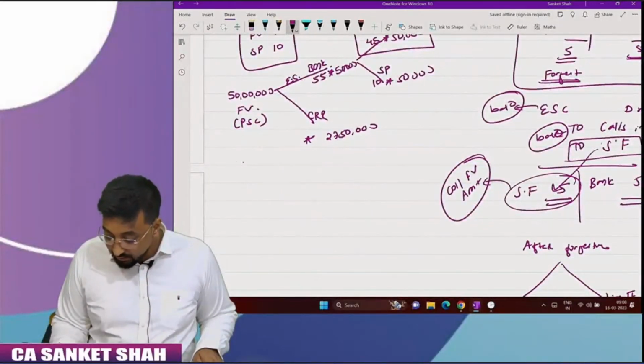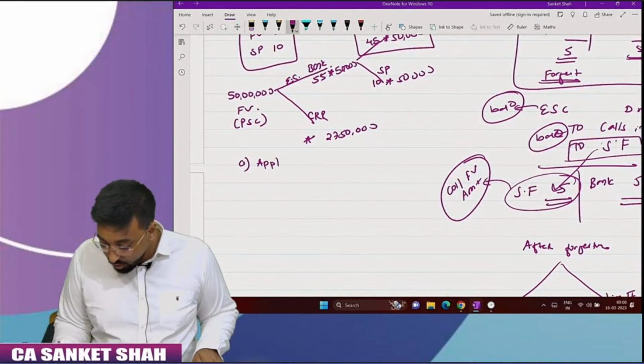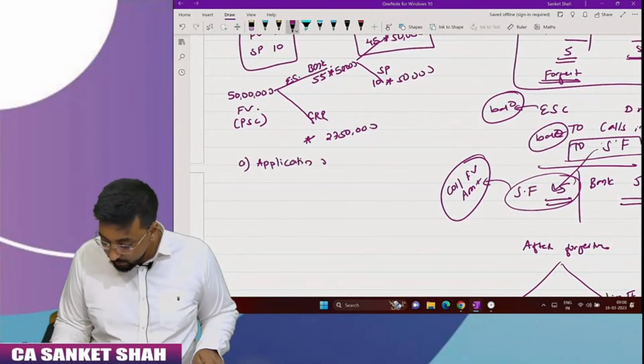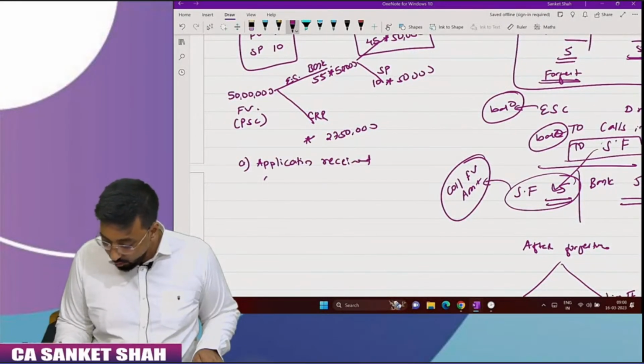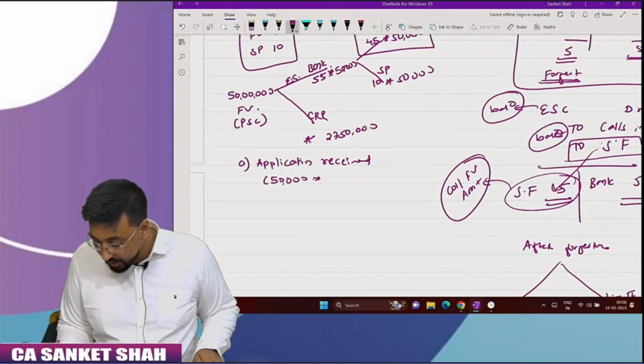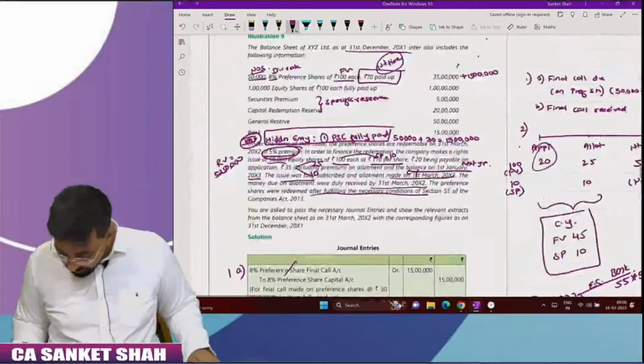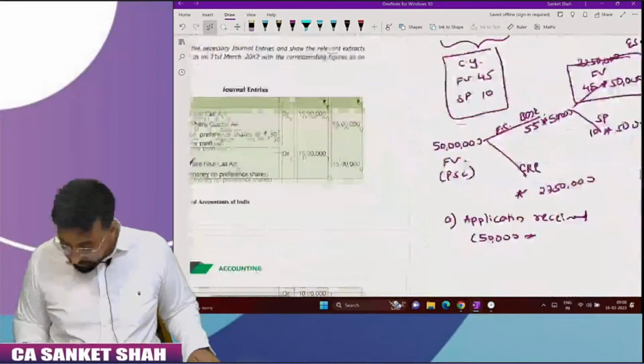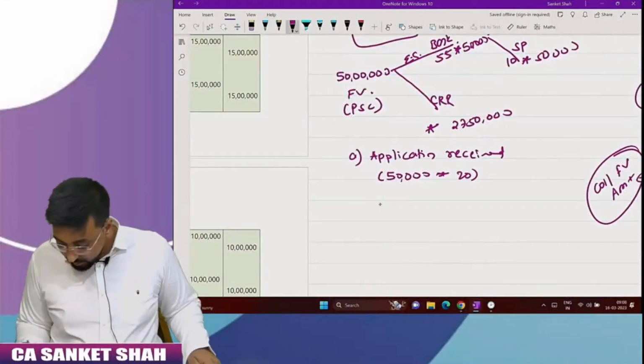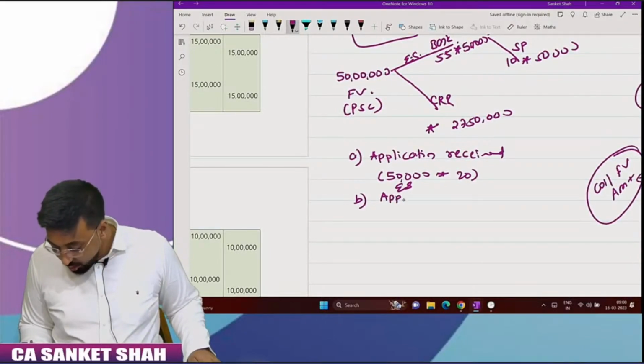First, A, application received. How many shares? 50,000 shares into 20 rupees. 50,000 equity shares into 20 rupees. B, application due.